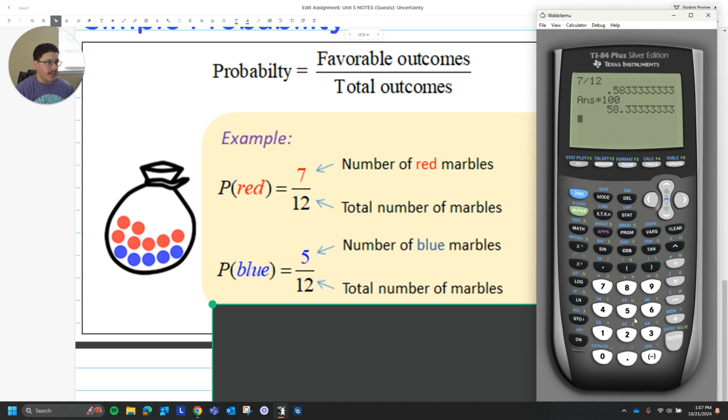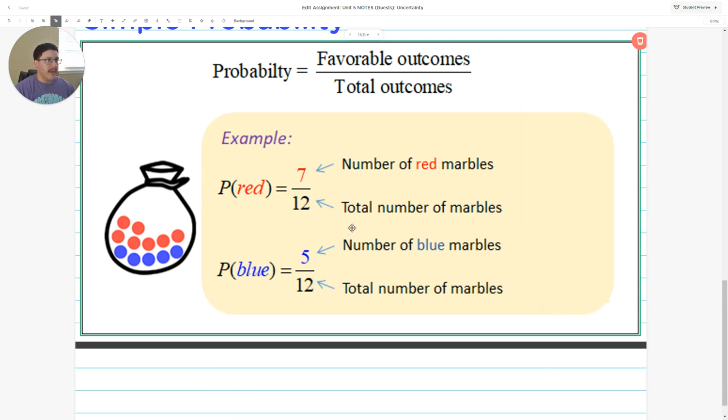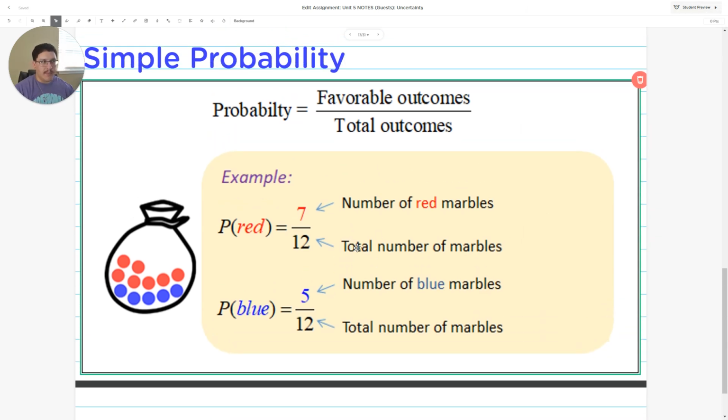In terms of a percentage, 5 divided by 12 times 100, and we say that there's about a 41.7% chance that when you pick a marble, it will be a blue marble. Or, as a fraction, 5 out of 12 times you'll pick a blue marble. Same thing with red, 7 out of 12 times you will pick a red marble. So, that is simple probability.